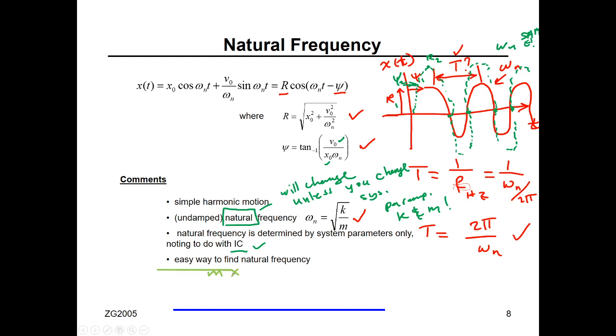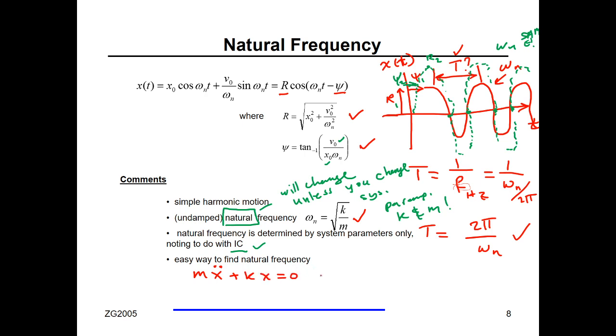Easy way to find the natural frequency: go to the equation of motion, m x double dot plus k x equals 0.